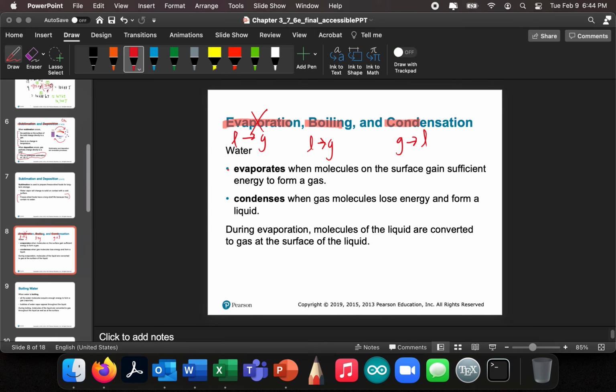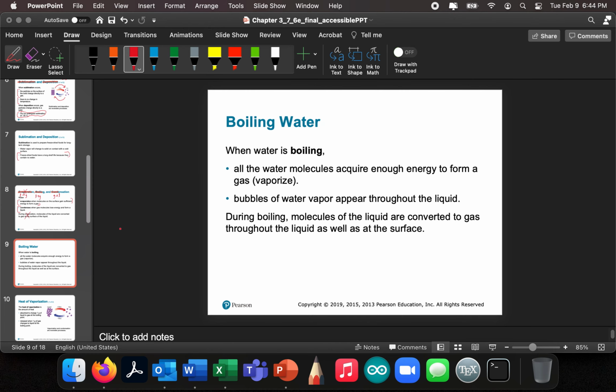Okay, so water evaporates when molecules on the surface gain sufficient energy to form a gas, right? We're mostly interested in boiling, when it does it at the boiling point, right? And then condensation is when gas molecules lose energy and they form a liquid, okay? All right, so let's move on.